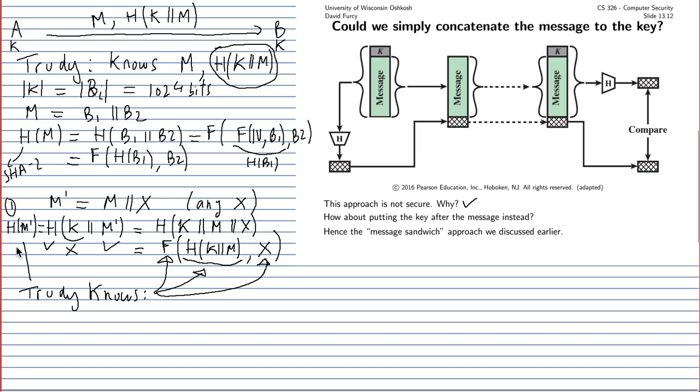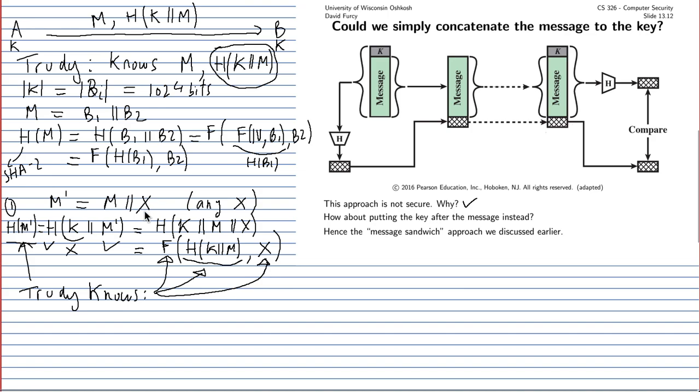And therefore, Trudy knows or can compute this authentication code for the new message M prime, even though she doesn't know the key K. And yet she was able to compute the hash code of K followed by M prime. So for example, let's say X was a double zero and M was the message, I, Alice, owe you, Bob, $20.